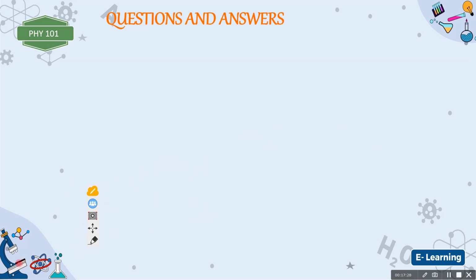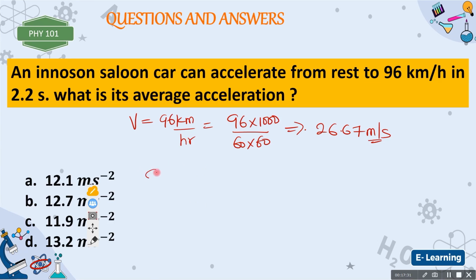Now the question is, what is the average acceleration? What is the formula relating velocity and acceleration? Acceleration is change in velocity over time. They told you that it accelerated from rest, so it means Vf minus V initial all over the change in time. The time given is 2.2 seconds. Initial velocity is 0.